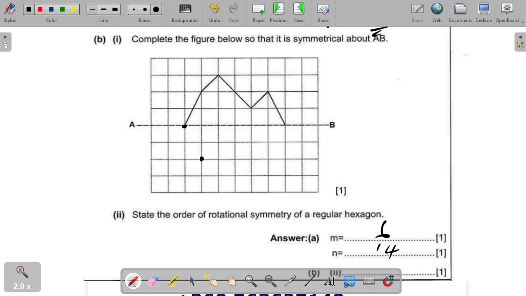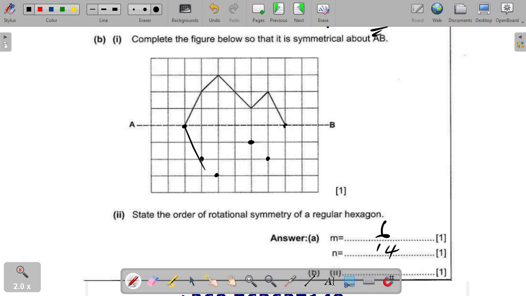We can point it there. What about there? Above it, we point it here. What about here? We point it here. What about this point, this line here? A little bit above. And then eventually we are back here. So our shape will look like this.